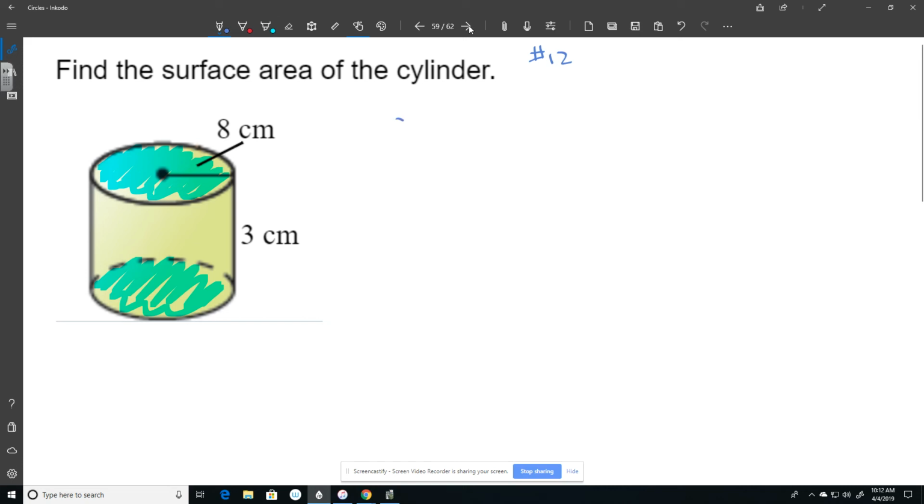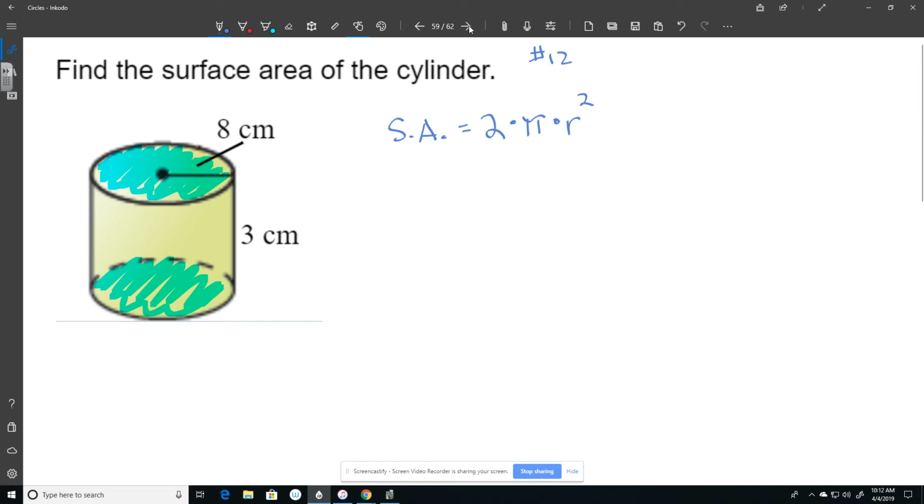Or we can use our surface area formula, which really is exactly what I just did, but put into numbers. So the surface area formula for a cylinder is the area of these two circles. Well, I have two of them, first of all. And the area of a circle is pi times the radius squared.